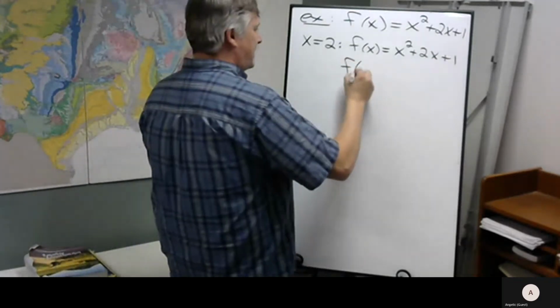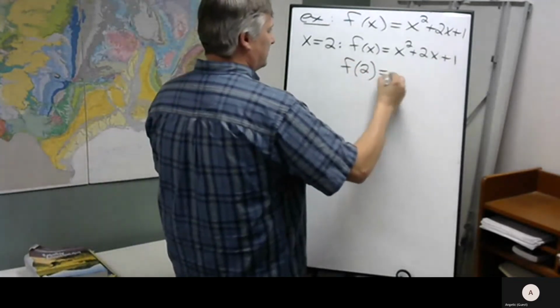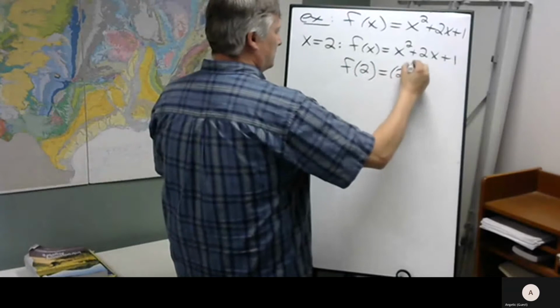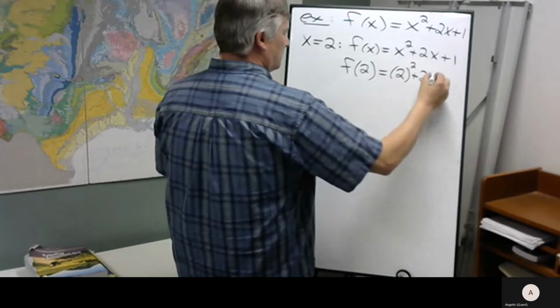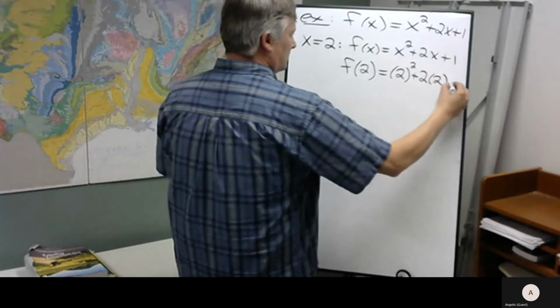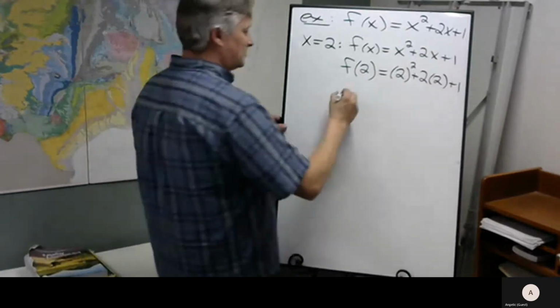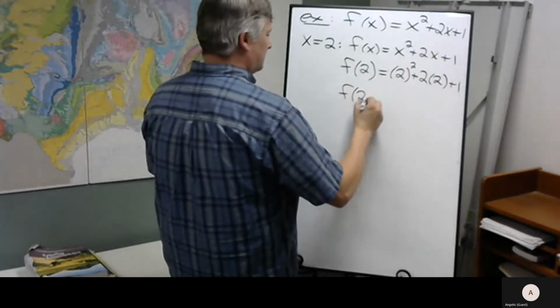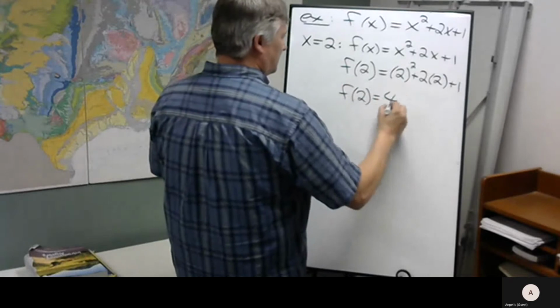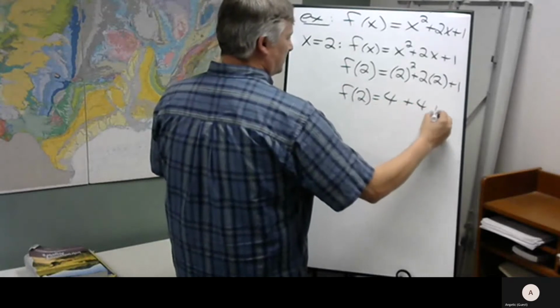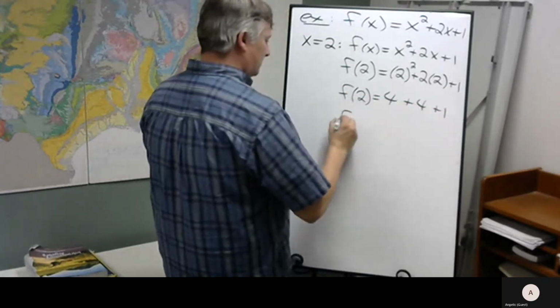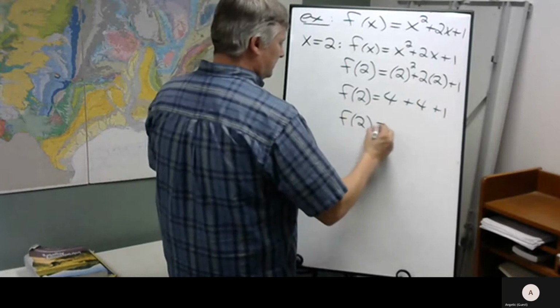We replace the x everywhere with 2. Like so. And so we'll get f of 2 is equal to 4 plus 4 plus 1, or f of 2 is equal to 9.